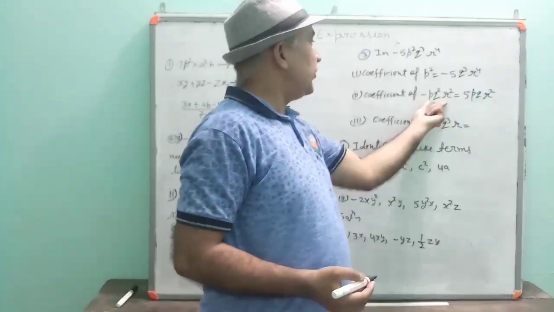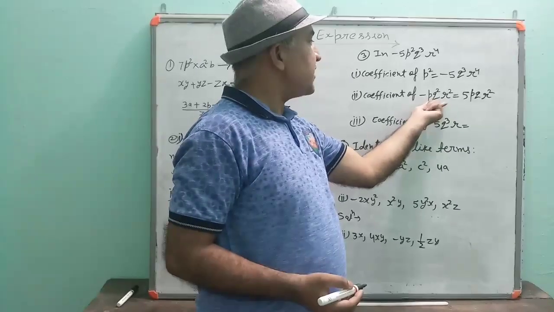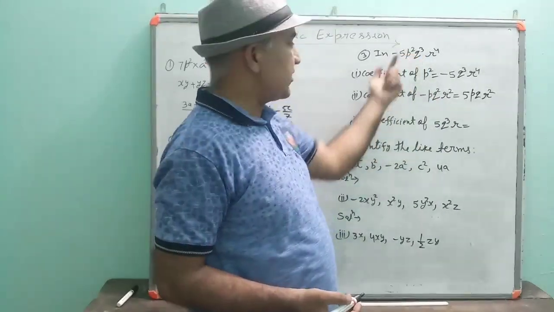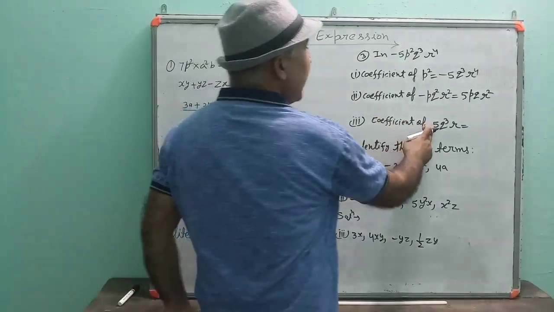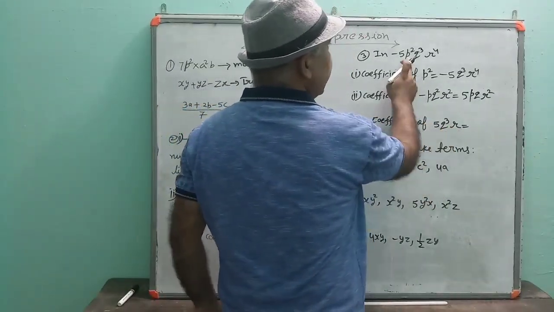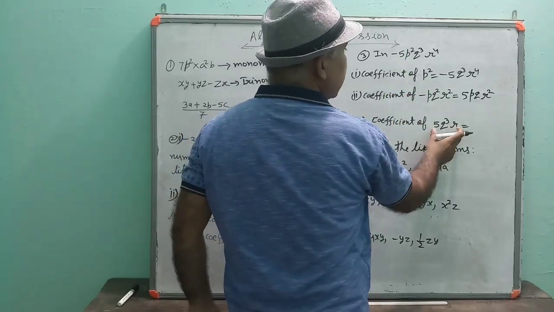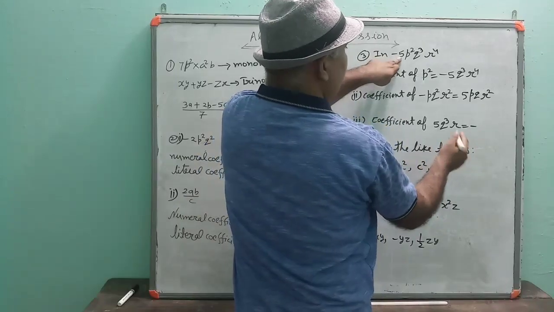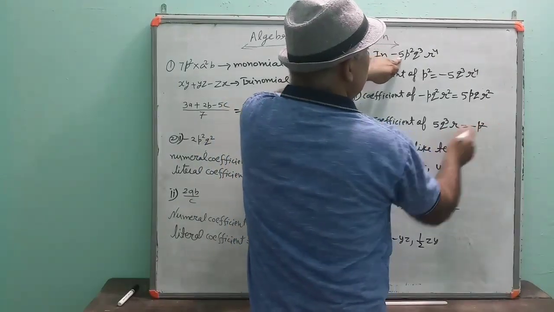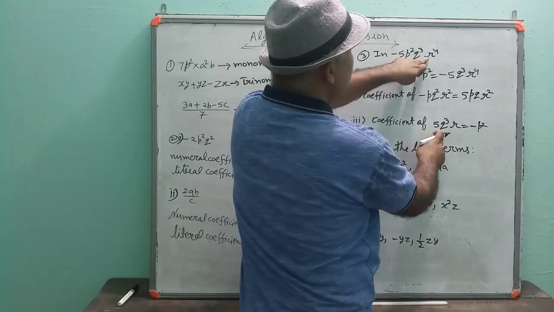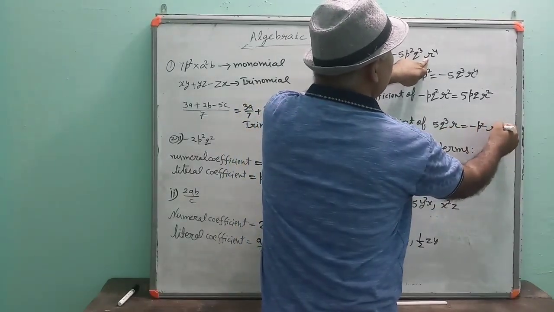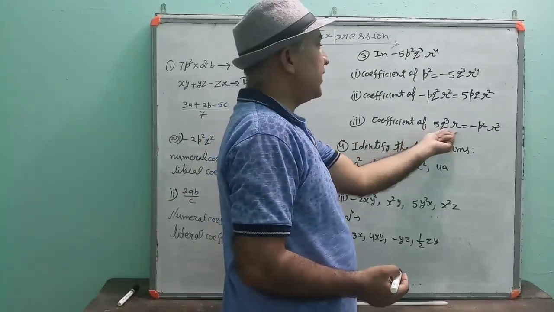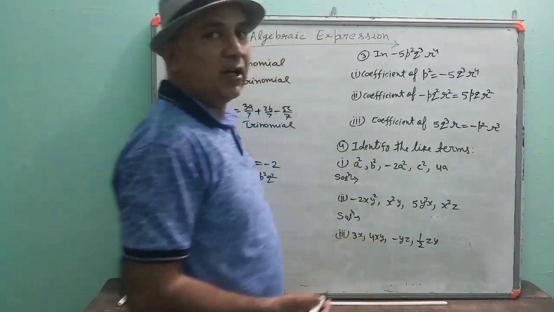That means coefficient of this term means what is multiplied by it so that we can get the given expression. See one more. Coefficient of 5q cube r. So in the given expression we will see what is multiplied by it. First is the minus, then p square, then q cube is here, r is multiplied by r cube, then we will get r to the power 4. That means coefficient of this term is minus p square r cube.